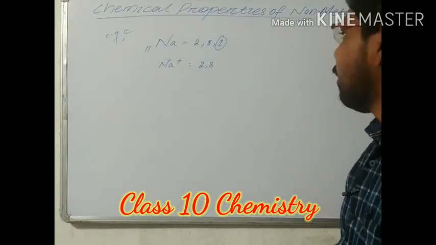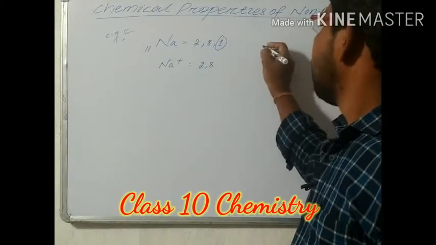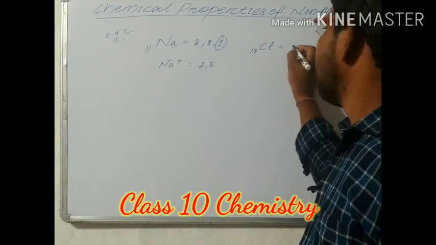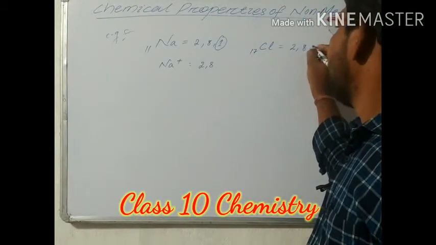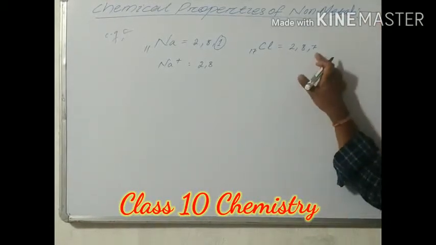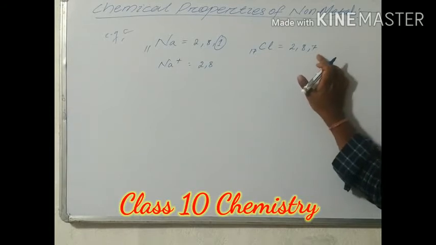Similarly, let's consider a non-metal. Chlorine is a non-metal and has 17 electrons. The electronic configuration is 2, 8, 7. The outer shell has 7 electrons, so it needs 1 electron to become stable.